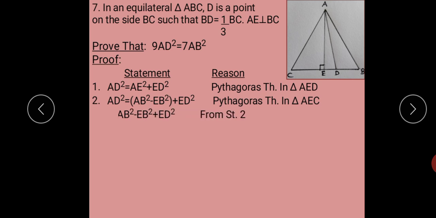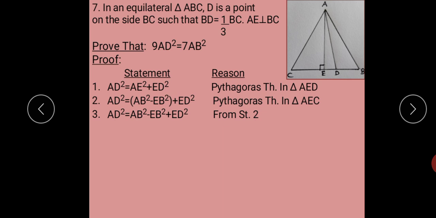We'll remove the bracket. So you get AD square is equal to AB square. We already got AB. We want AB only on the right hand side. Now there is EB and ED, so we have to express this EB and ED in terms of BC.